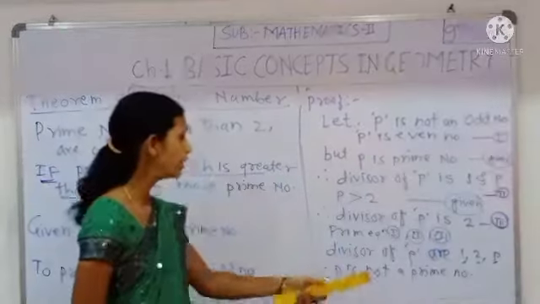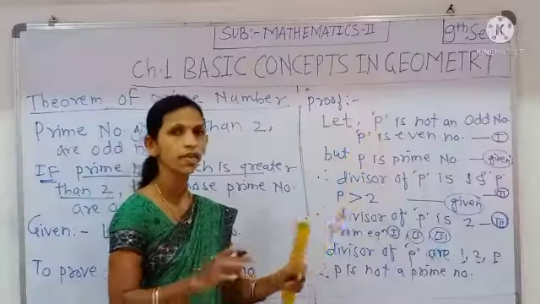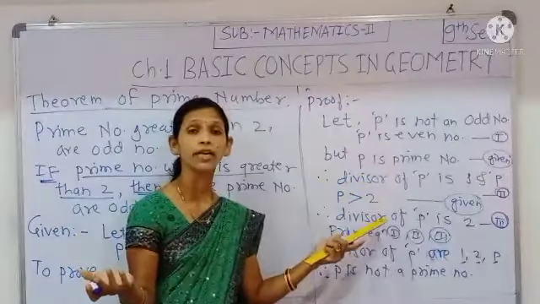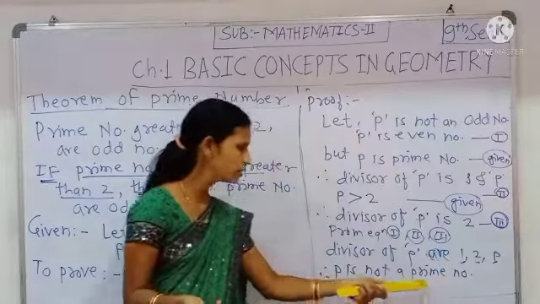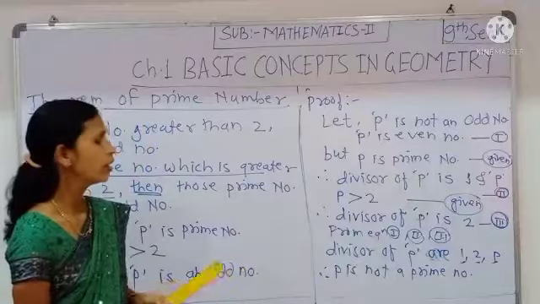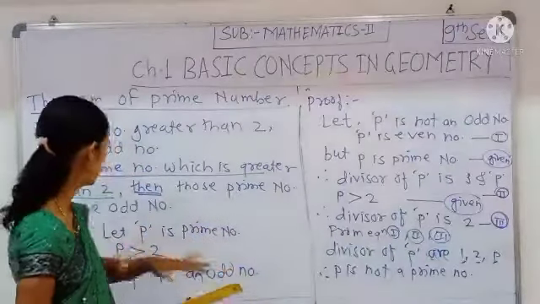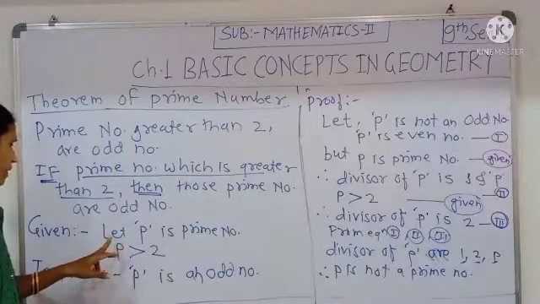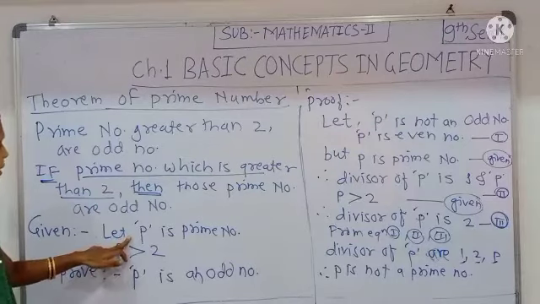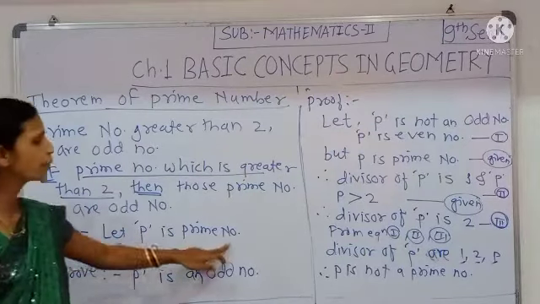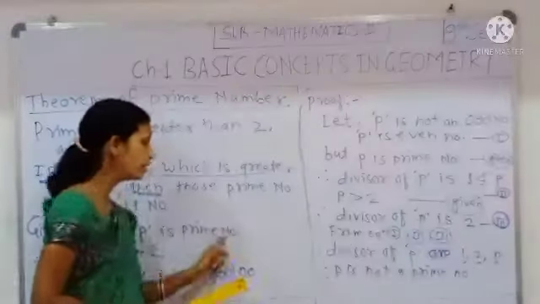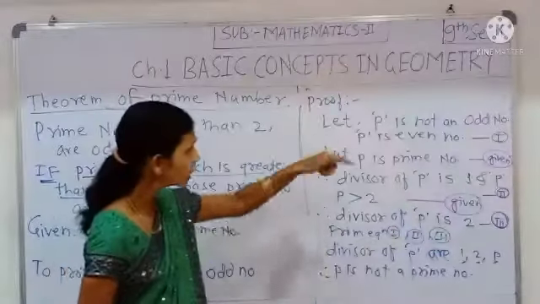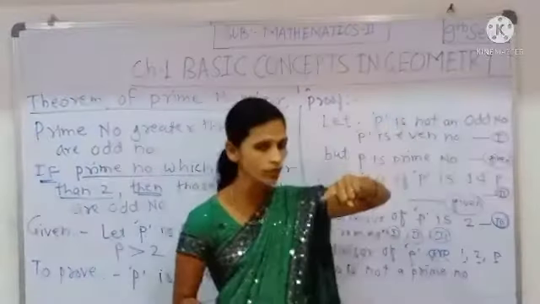But it is contradictory. That means these are two contradictory statements, and this statement is the opposite of the property which is considered in the given, that is, P is a prime number. These two statements are contradictory, and it is because we considered P is not an odd number.